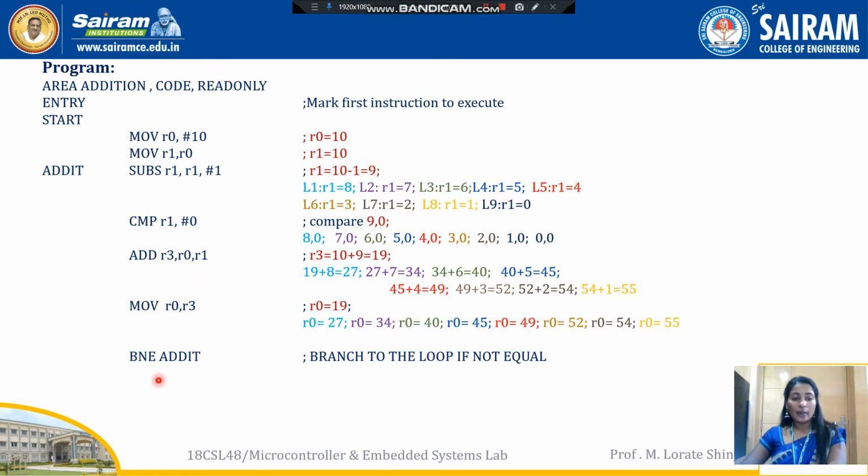Next I will compare whether both are equal or not. Here both are equal. The condition is if both are not equal, then I can jump to ADD IT. But here it became equal, so I should come out of the loop. By this time we got the answer: the result is 55, that is available with the R0 register as well as the R3 register. Now I can terminate the program.